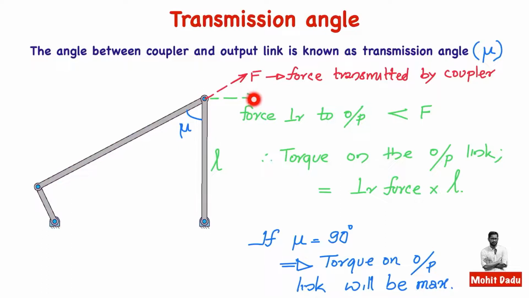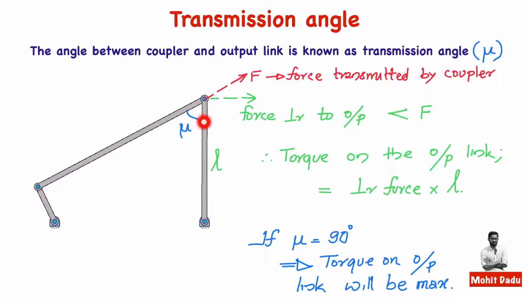I can resolve this F into 2 components, and one of those components I am representing here, the green component, which is the force perpendicular to the output link. This component will anyway be less than the original force F. The torque on the output link you can find by this perpendicular green force multiplied by the length of the output link.